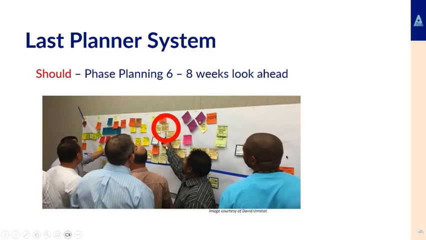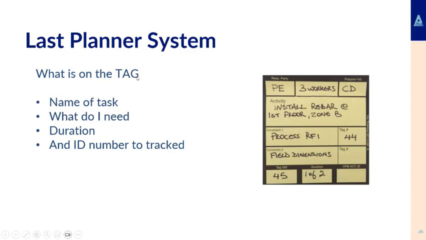These tickets are tags which are used, and they could be different colors, mainly to indicate different subcontractors, and you can see that they're being moved along. The detail on these tags is shown next. Basically on the tag: the name of the task, who's doing it, what I need, what activities need to be done before I can do this, how long it's going to take me to do my section of work, my duration, and then a unique ID number to track that tag.